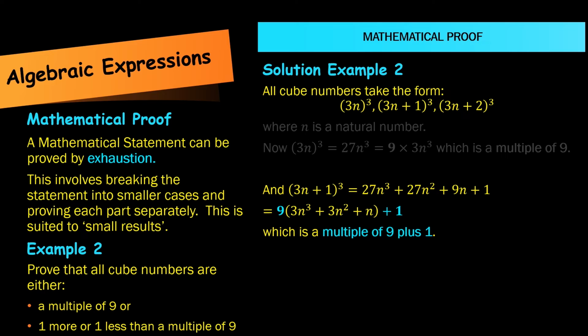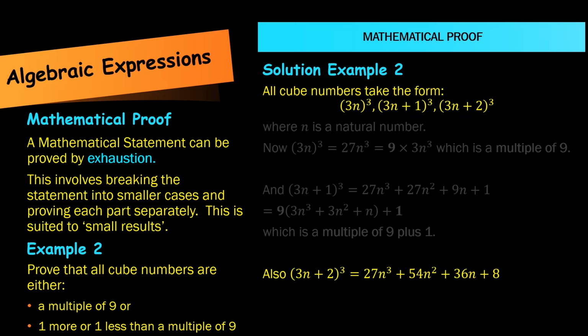Now let's consider (3n plus 2) cubed, which equals 27n cubed plus 54n squared plus 36n plus 8 once we've expanded.